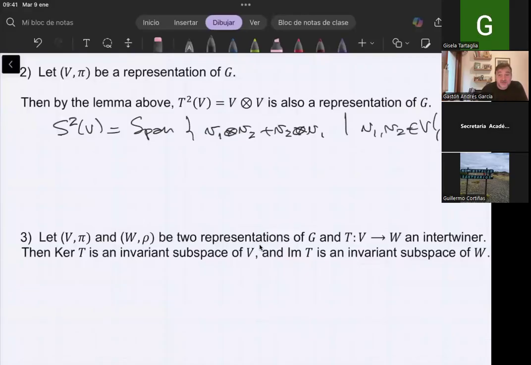By this formula, one can prove that this is an invariant subspace. And the other one is the exterior power, and this is the span of the elements of the form V1 tensor V2 minus V2 tensor V1.